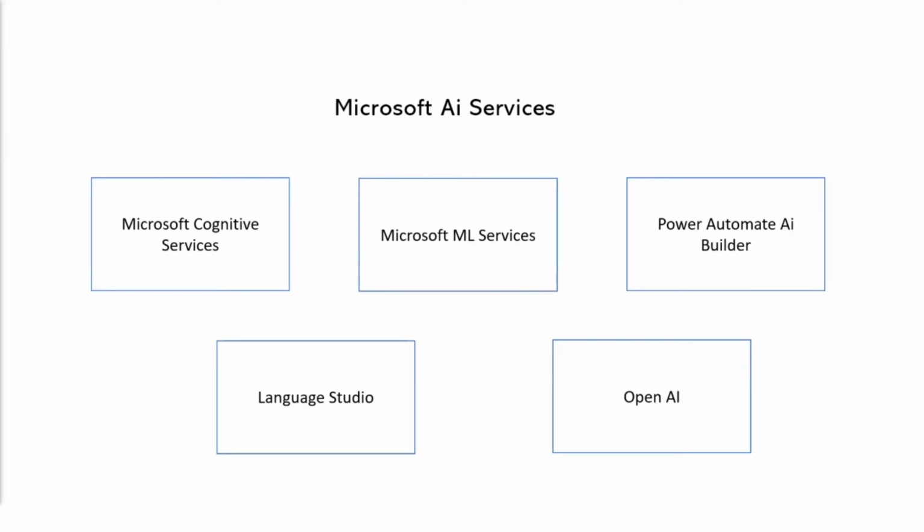These are industry agnostic models that can be used in any industry, which are pre-trained, and we don't need to spend time training these models by getting historical data, doing feature engineering, and all of these really time-consuming tasks that we need to do in order to build an AI model.